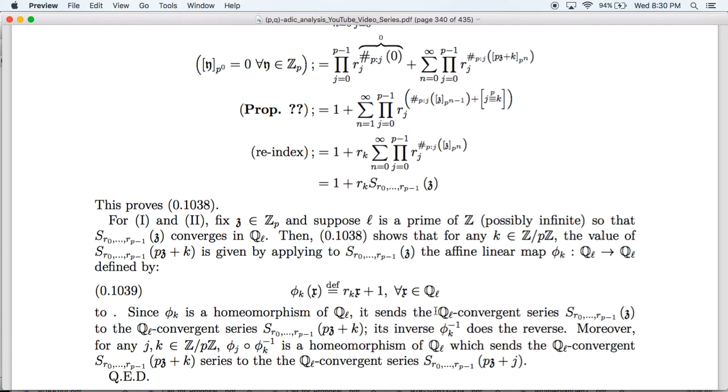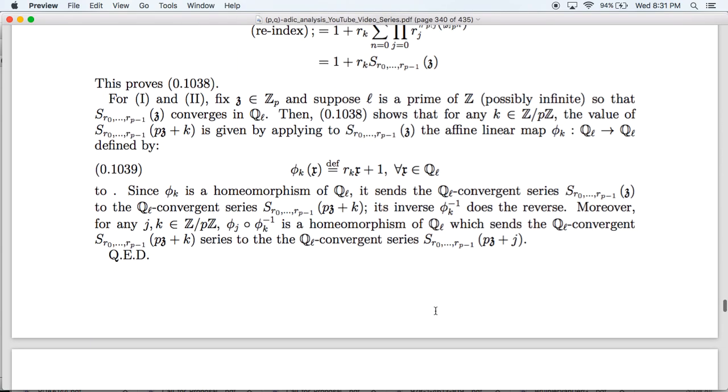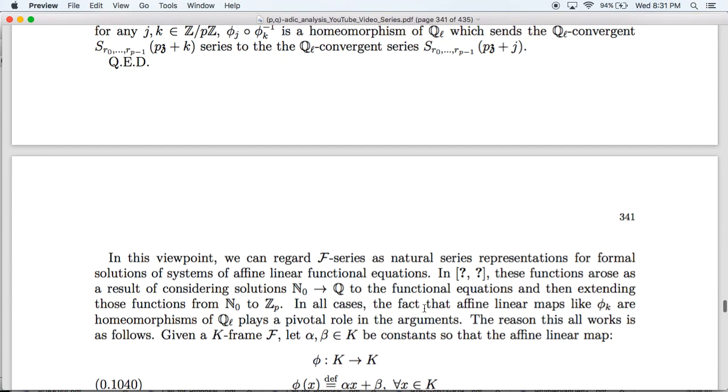This aspect of the argument actually occurred at a key step in our proof of the correspondence principle in episode 3, where we used the fact that each of the branches of the shortened qx plus 1 map was not only continuous on the 2-adics, it was also continuous and invertible on the Q-adics as well. So in this viewpoint, we can regard F series as natural series representations for the formal solutions of systems of affine linear functional equations.